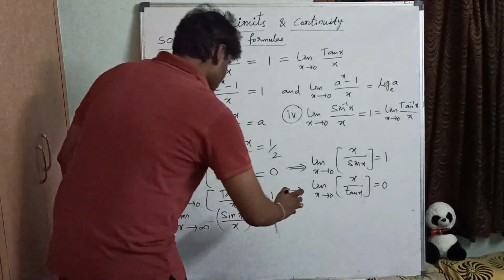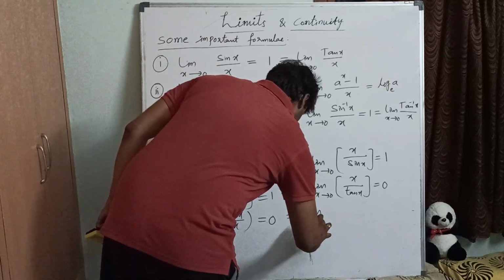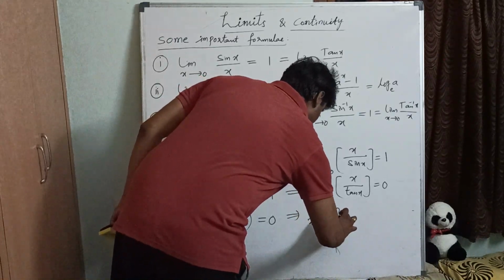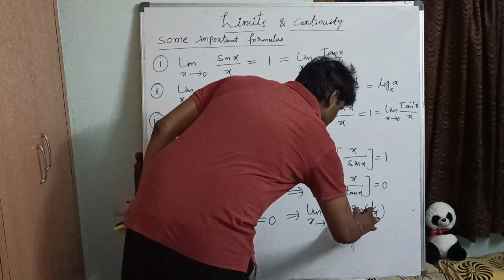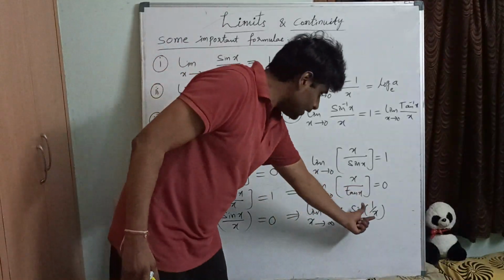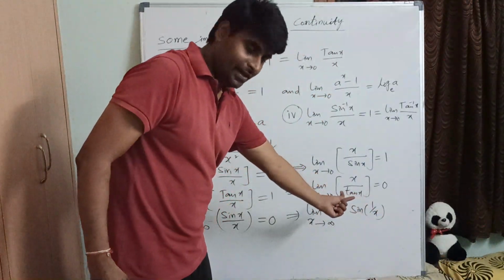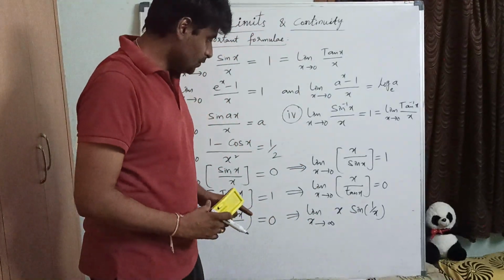Clear? So sin x by x is 0. Now from this, limit x tends to infinity, x sine of 1 by x. So what about this result? Just try to observe. Here, what do you have beside sine? 1 by x. So this x can you write down as 1 by x?